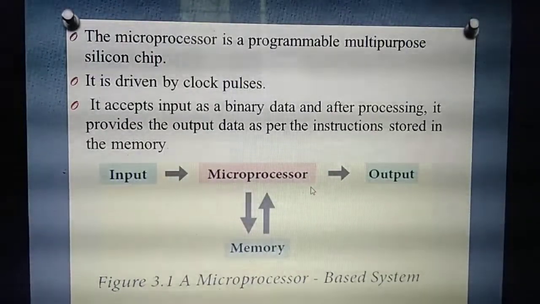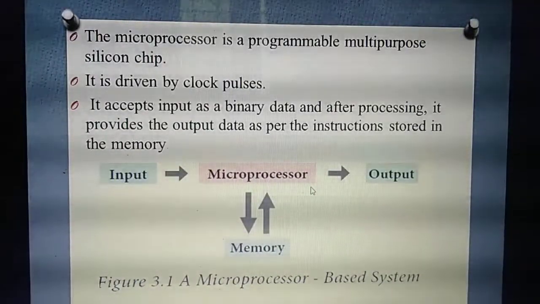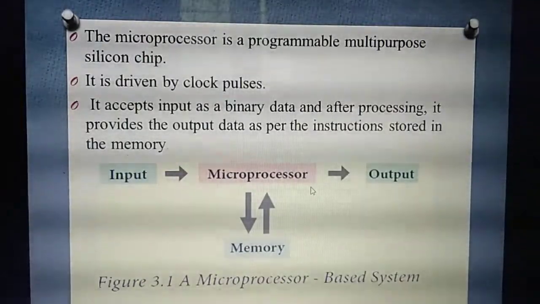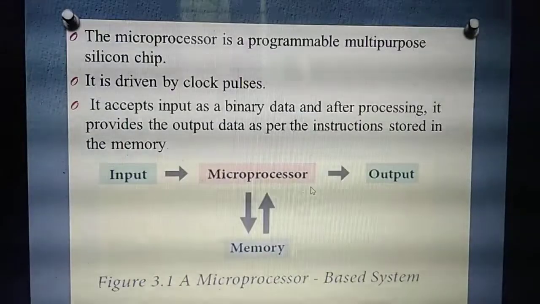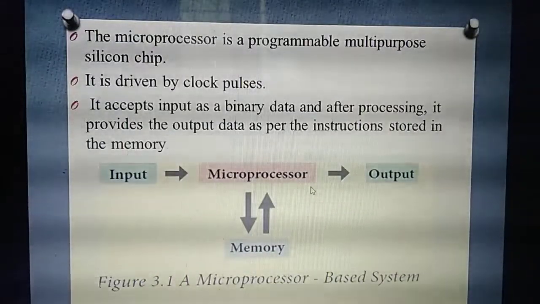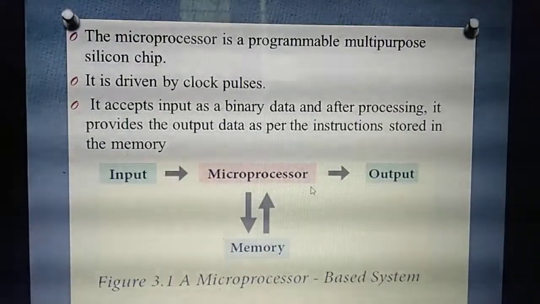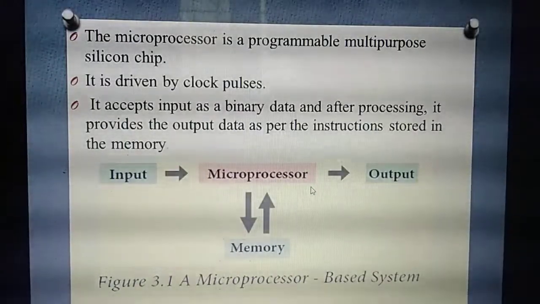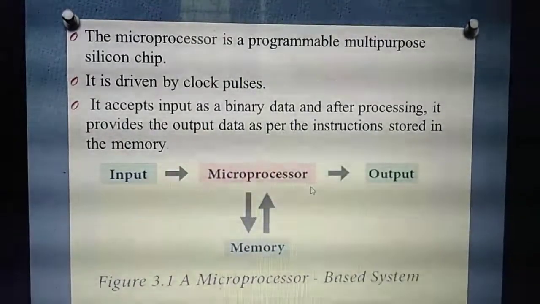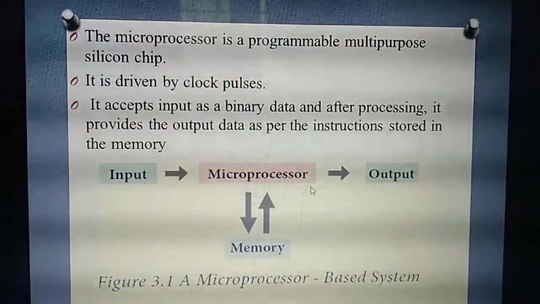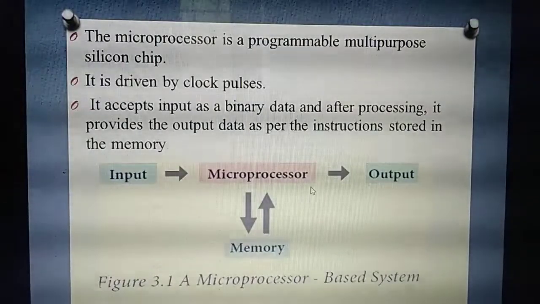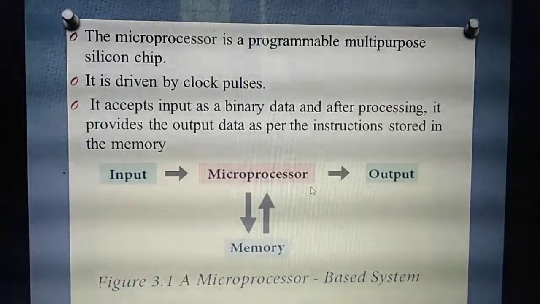In the first chapter itself we said that if the computer works properly, there are three functions. What are they? You need to give the input, it will take the input, then process the input and give the particular output. See this diagram. The computer takes the input as binary data. What do you mean by binary data?